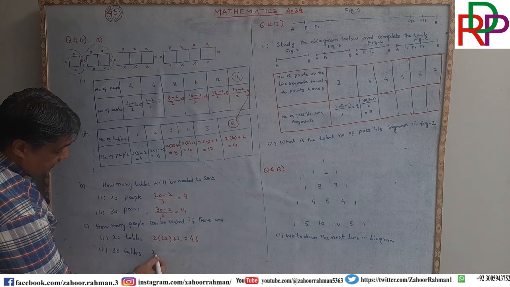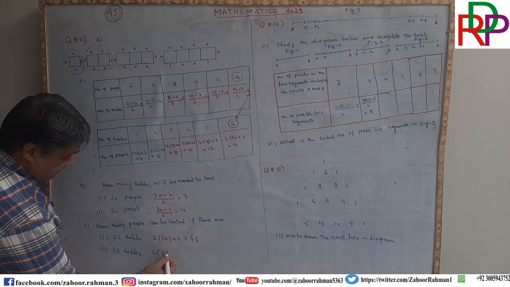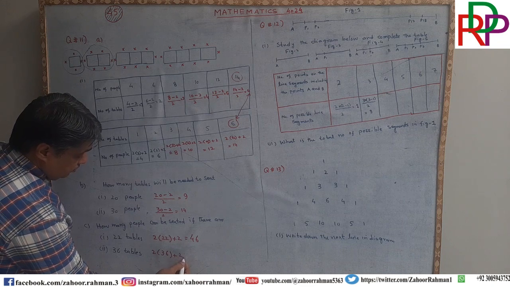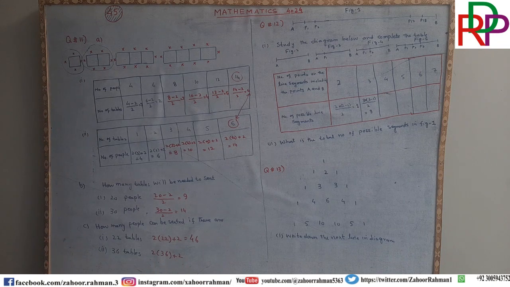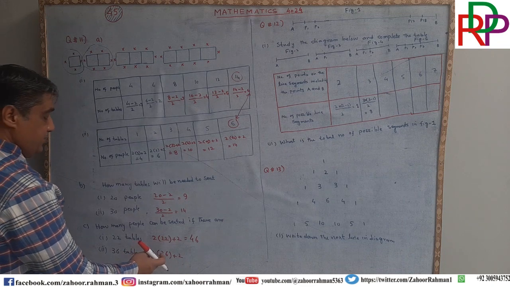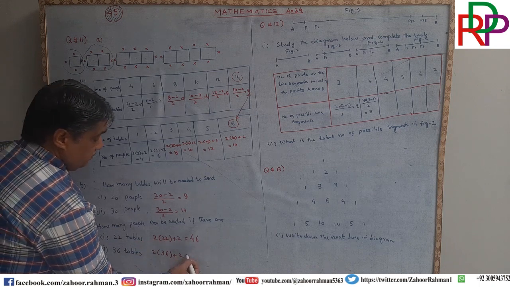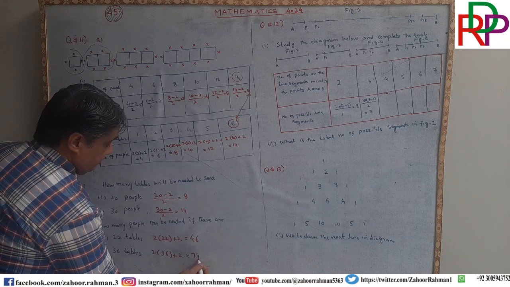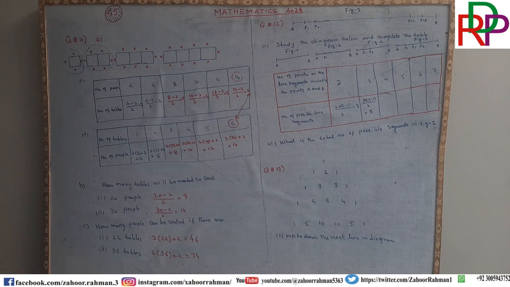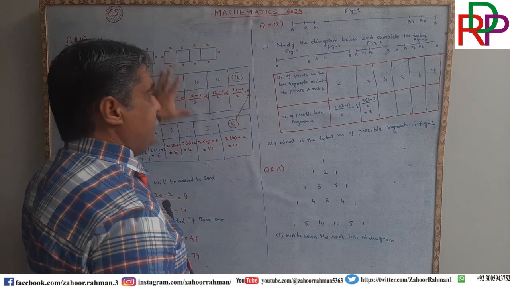Now 2 into 36 plus 2. 2 6s are 12 and 72. 72 plus 2 will be equal to 74. On 36 tables, if they are connected end to end, 74 people can be seated. Okay, that was another scenario.